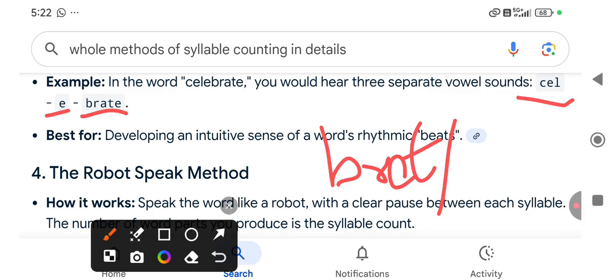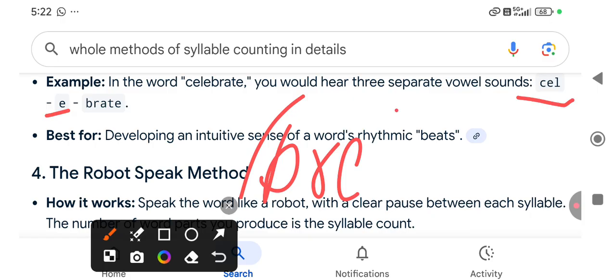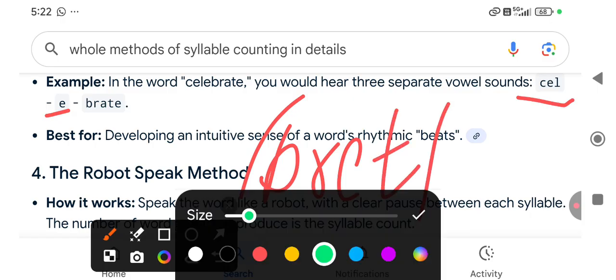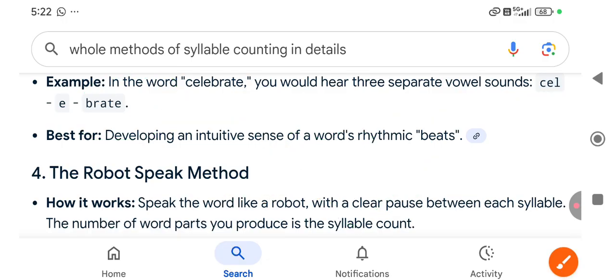I'm writing it again. Wait a minute. Yeah, that is "braid". So how many syllables are here? Just one syllable. Though it is written "brate", the sound is "braid", and one vowel is used for "braid", so it will be counted as one.